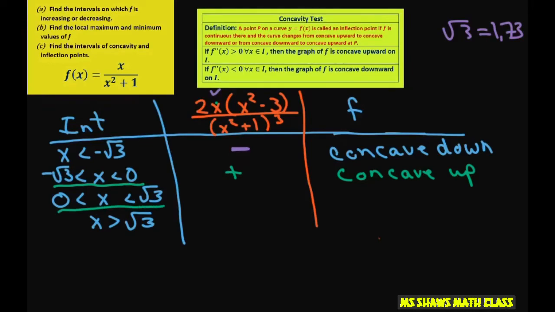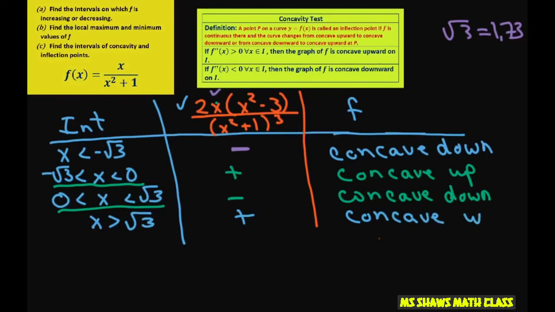All right. And for this one, let's plug in 1. If you plug in 1, you're going to get negative. That means concave down. And if I plug in, say, 2 into this, I'm going to get positive. So that means it's concave up. All right. So now that I have that, I know we have the concavity up and down.